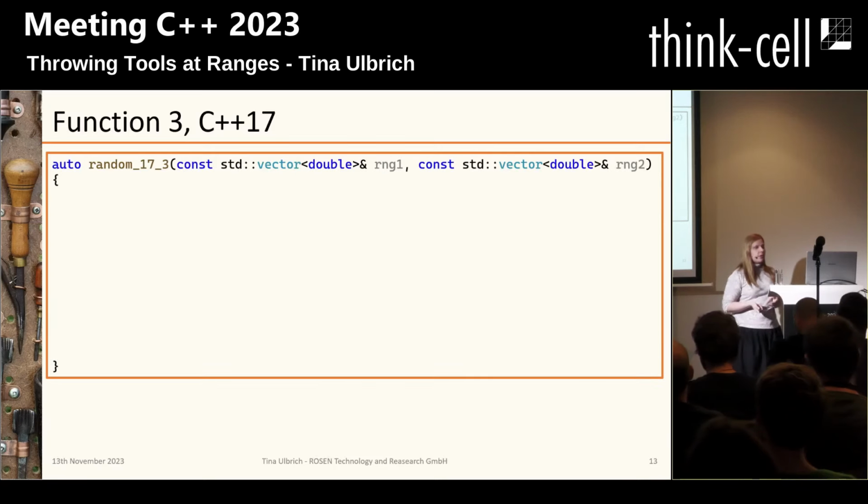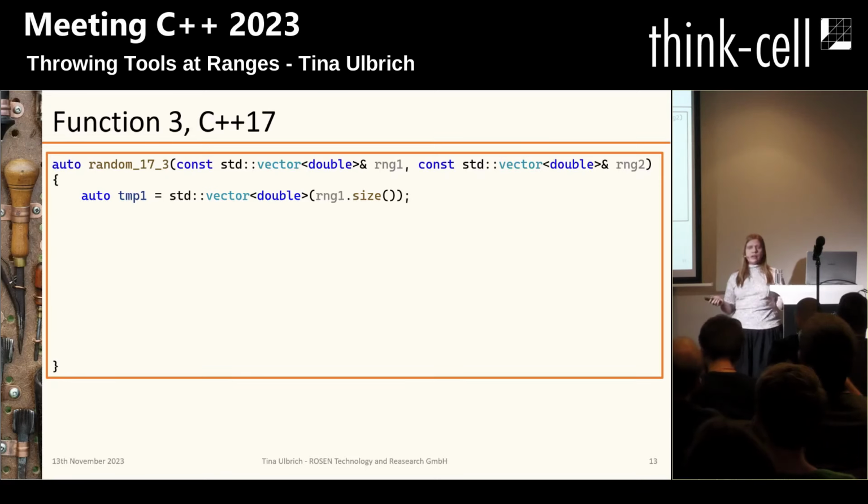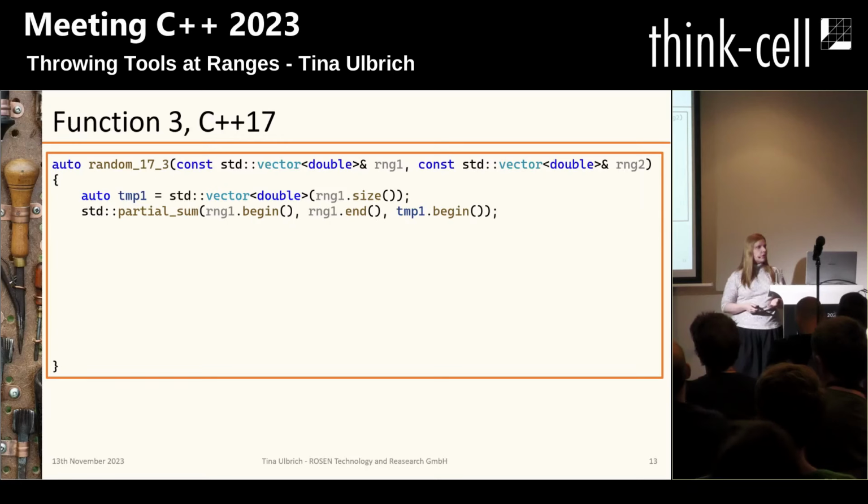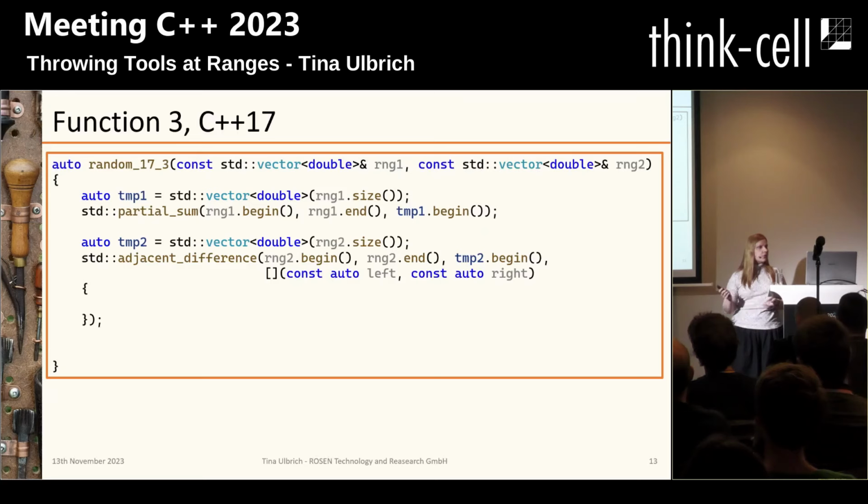So we can actually write this quite nicely in C++17. All of this has an algorithm in the algorithm header. I'm using partial sum, as before, with the ranges. I'm also using adjacent difference here, which is actually quite nice.